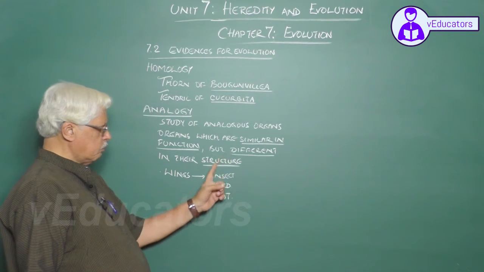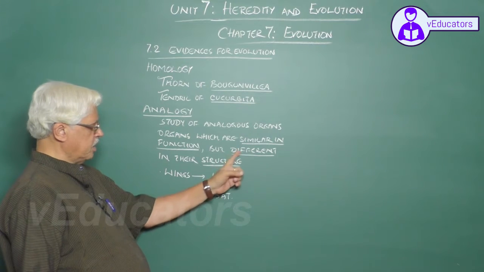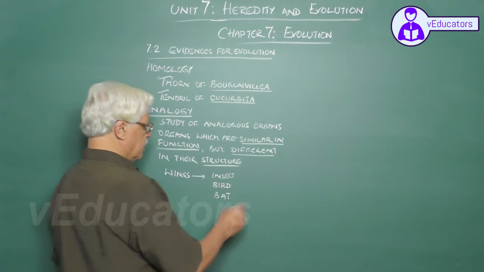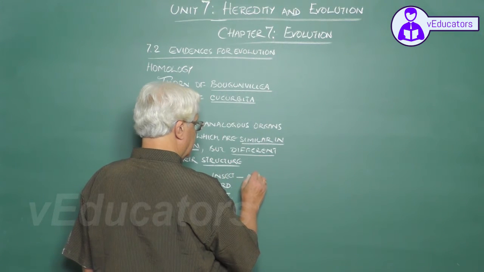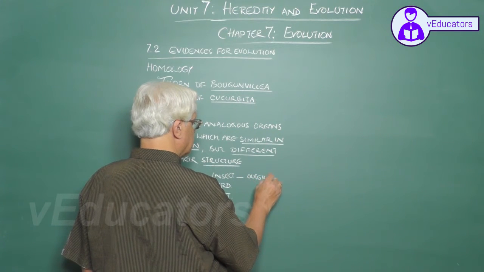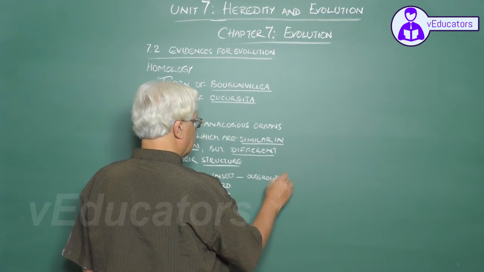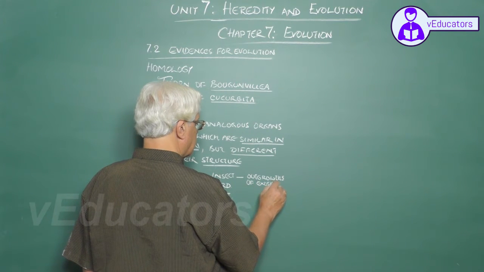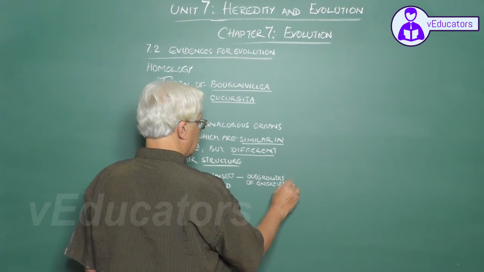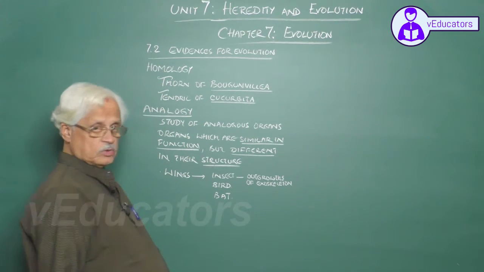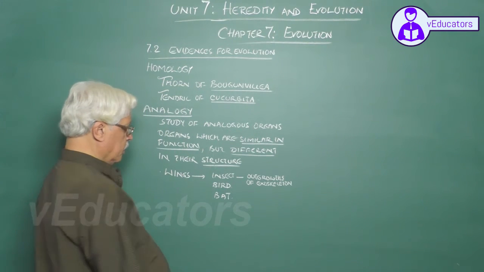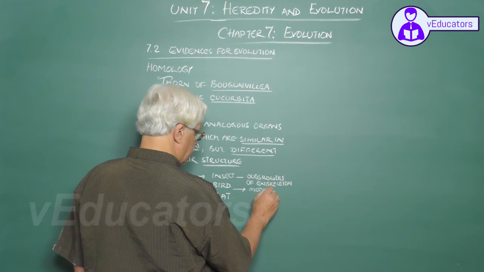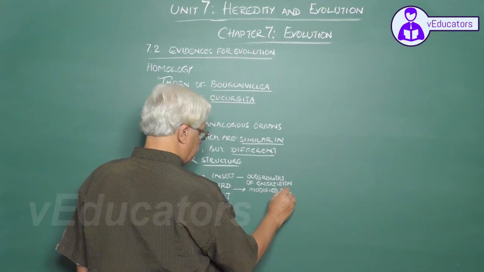But what about their origin? What about their structure? Structurally they are totally different. In insects, the wings are outgrowths of the chitinous exoskeleton. In birds, they are modified forelimbs.